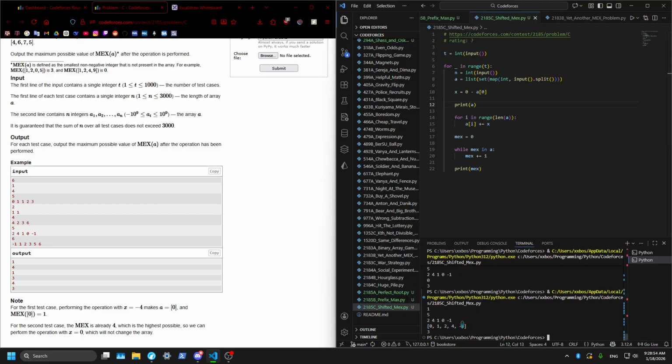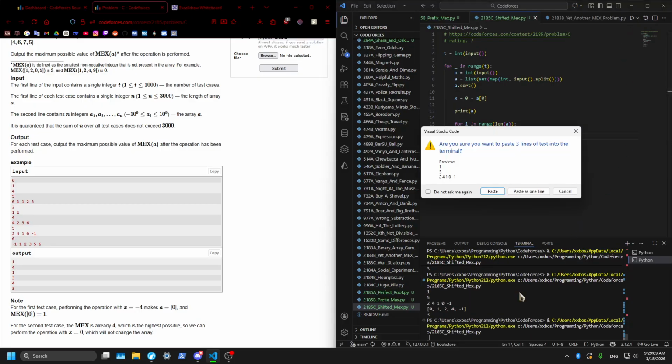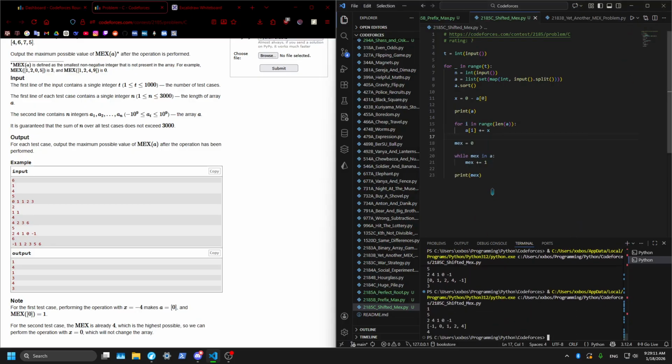Put -1. Okay, so it's not sorted by default. Do a dot sort. There we go.